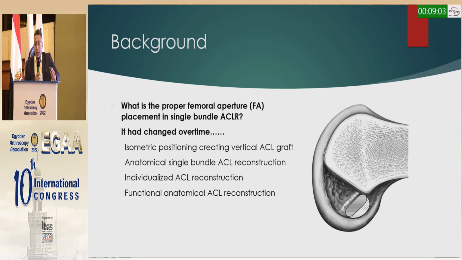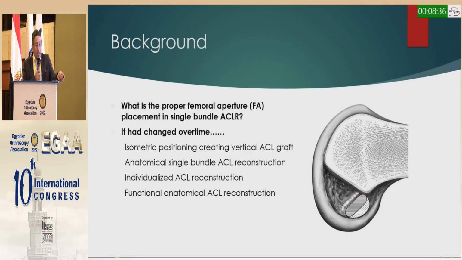First, the proper aperture positioning. At first, we placed the femoral aperture vertical, sagittal and vertical positioning, to restore the anteroposterior function of the ACL reconstruction. Then we shifted to single bundle anatomical in the center of the footprint.